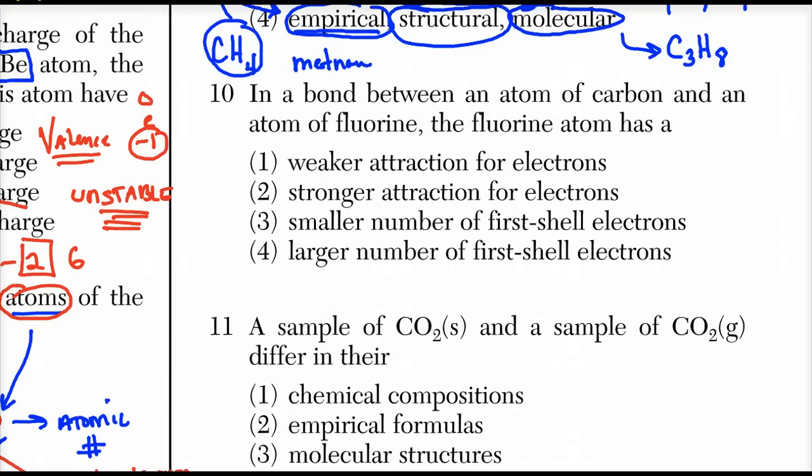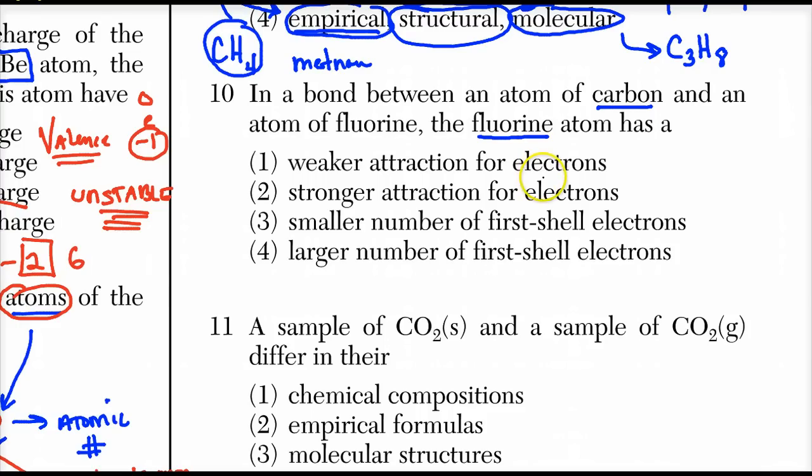Number 10. Any bond between an atom of carbon and an atom of fluorine, the fluorine atom has a what? Well, you should know that carbon and fluorine are both above the staircase to the right of the periodic table, and therefore they're going to be forced to share because they both have strong attractions for electrons. This is a covalent bond, nonmetal, nonmetal.